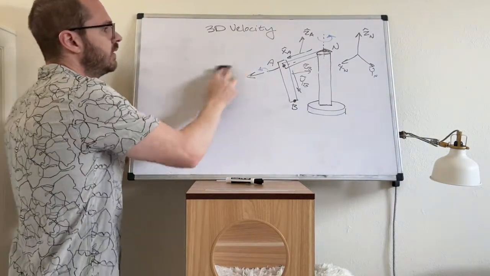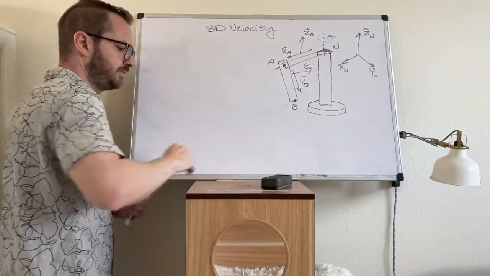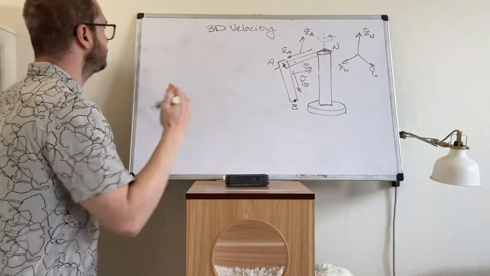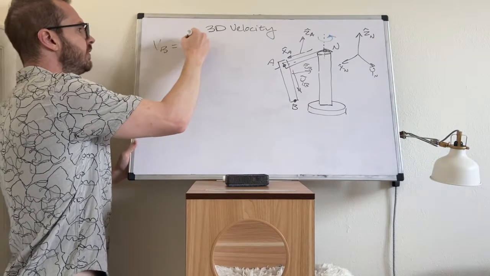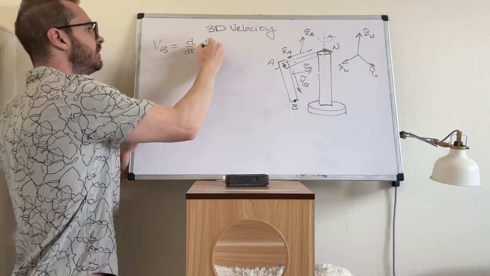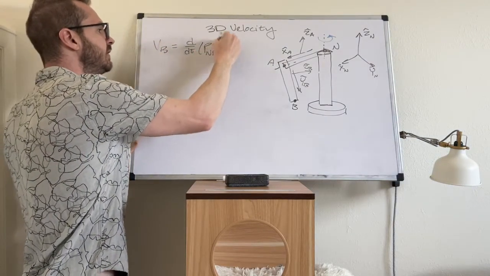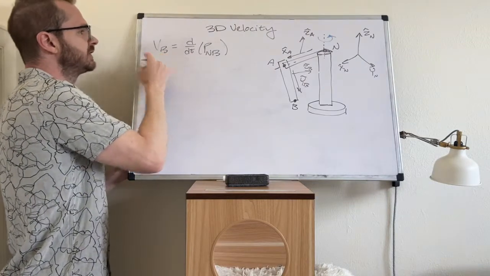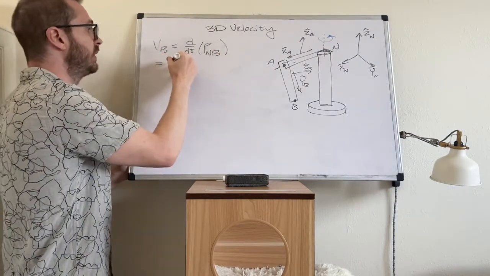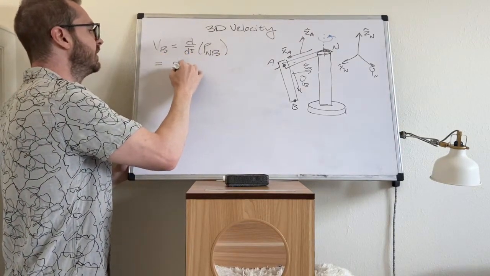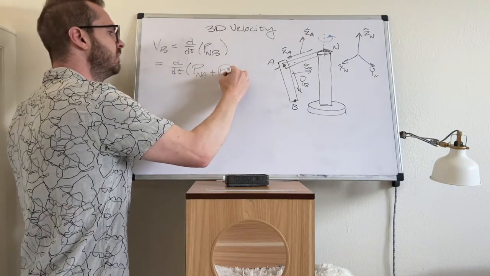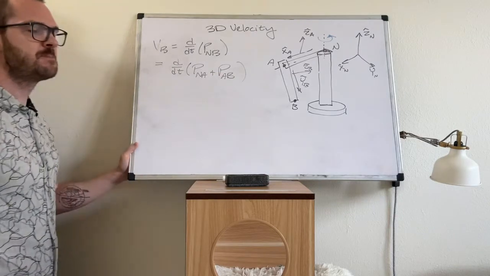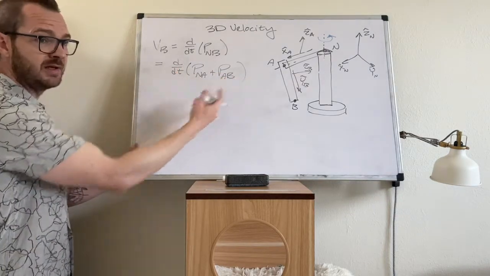All right, so this time we want VB. We know that this is d/dt of P N to B. We could actually break this up if we wanted to. We could say that this is d/dt of P N to A plus P A to B, right? And we could distribute the d/dt.